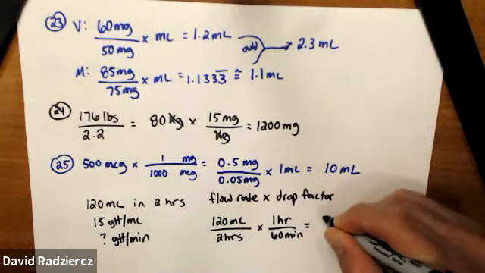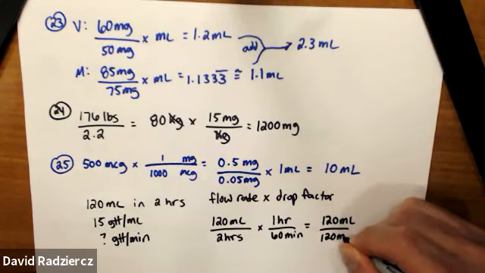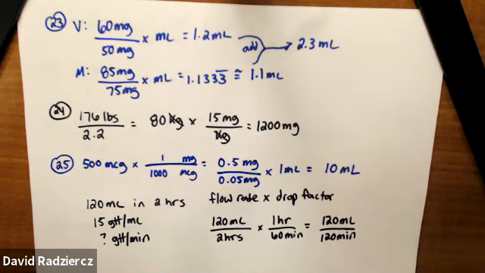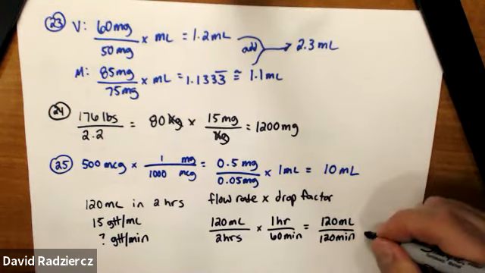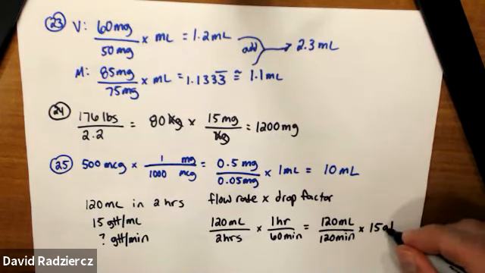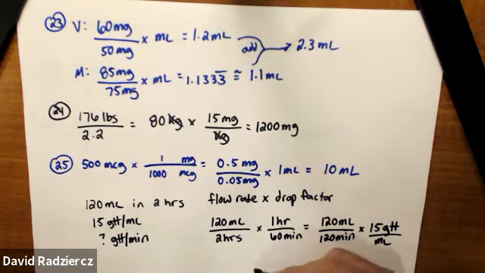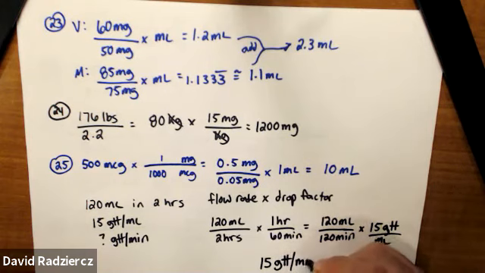What I'm going to get is 120 milliliters and then 120 minutes. Obviously the 120s cancel out. Times 15, and that's drops per milliliter. And that's why we get an answer of 15 drops per minute.